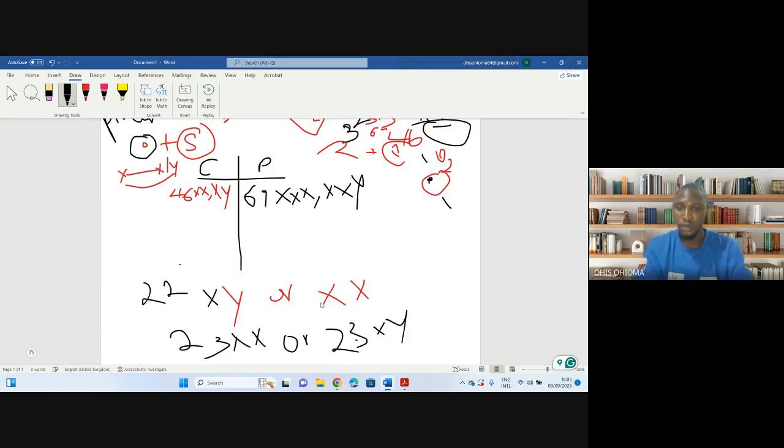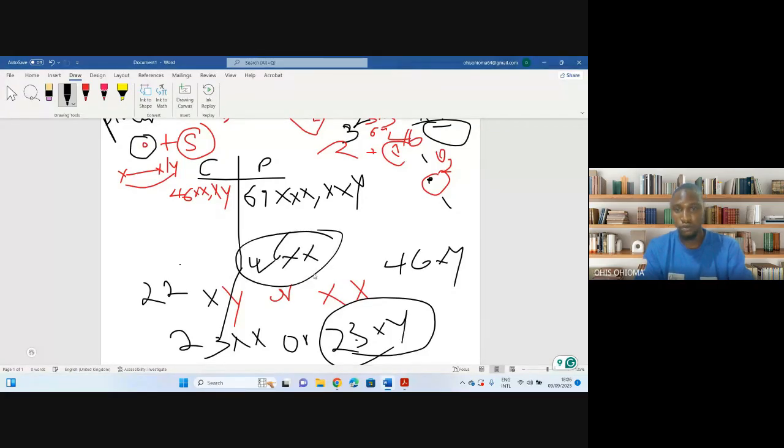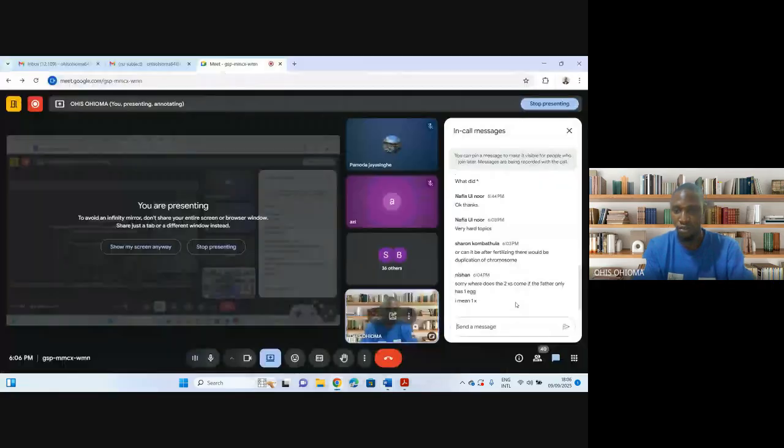And so these cells might undergo duplication before mitosis. So this cell might duplicate, and then you might have a 46XY, or you might have a 46XX. So duplication or synthesis might occur. So I think Dr. BN gave a more reasonable explanation, that maybe there's a duplication of chromosomes or something.